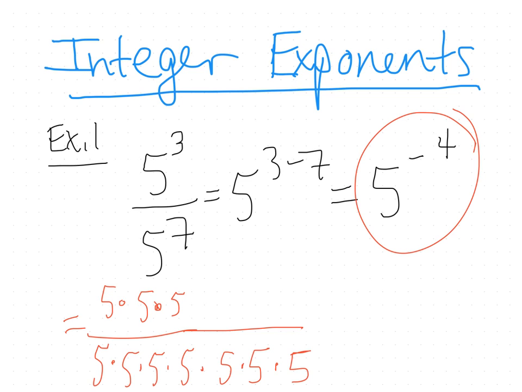So if we just reduce fractions, 5 divided by 5 becomes 1, 5 divided by 5 becomes 1, 5 divided by 5 becomes 1, and we're left with a value of 1 in the numerator divided by 1 to the exponent 3, which is 1, times 5 to the exponent 4. So you can see where these 4 factors of 5 appear. And where do they exist?